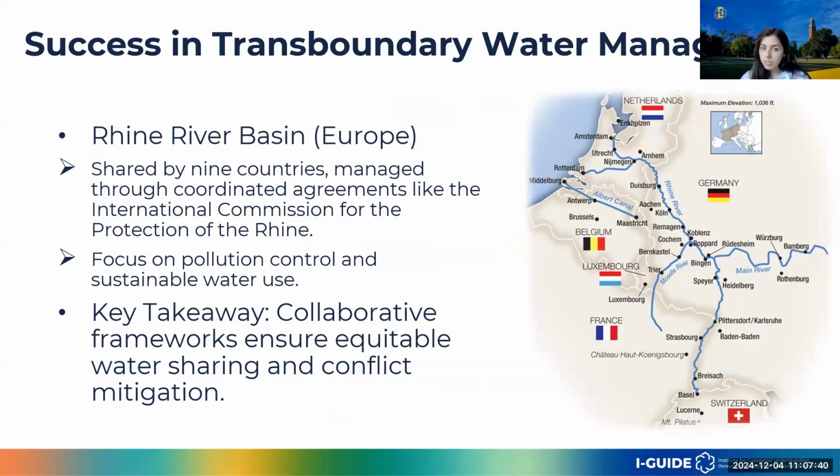So these countries are working together to mitigate the pollution in the river and also promote sustainable water use for these countries. So as you can see, a collaborative framework can make sure that these transboundary water conflicts can be resolved.